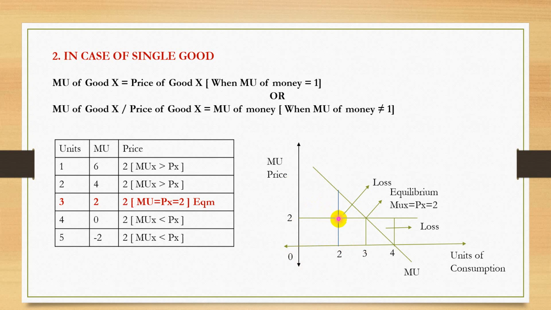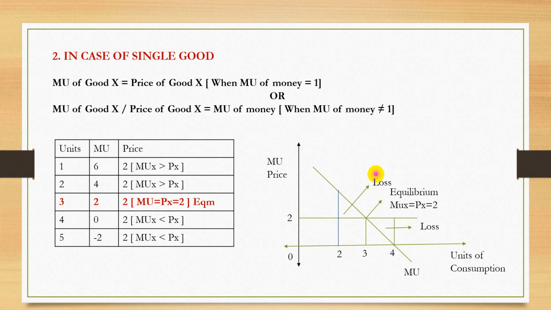Now if he stops here, this additional or surplus satisfaction he will not get. This is loss. So a rational consumer will increase the consumption of the commodity when MUx is greater than Px.